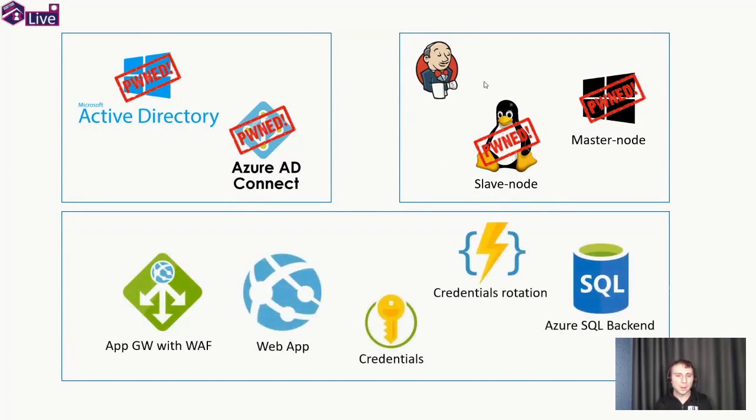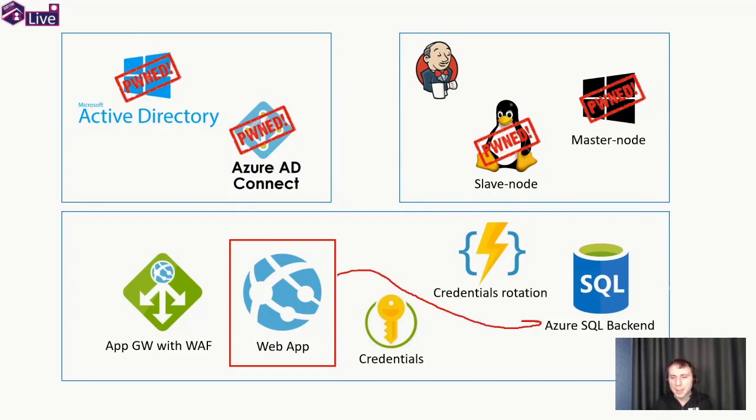we have the application, which is like a modern application, where we have multiple services that use multiple components. So first of all, it has a front end on app service, and this app service connects to SQL database.